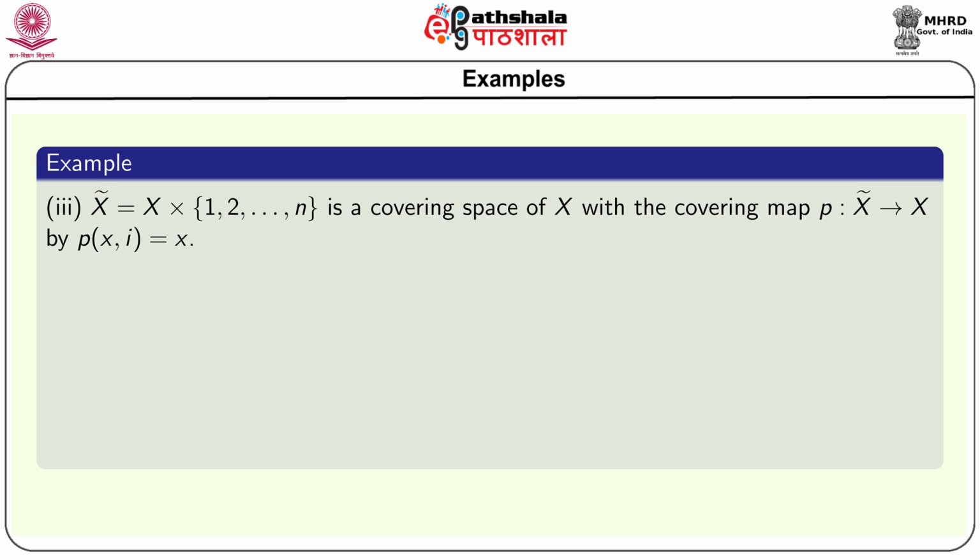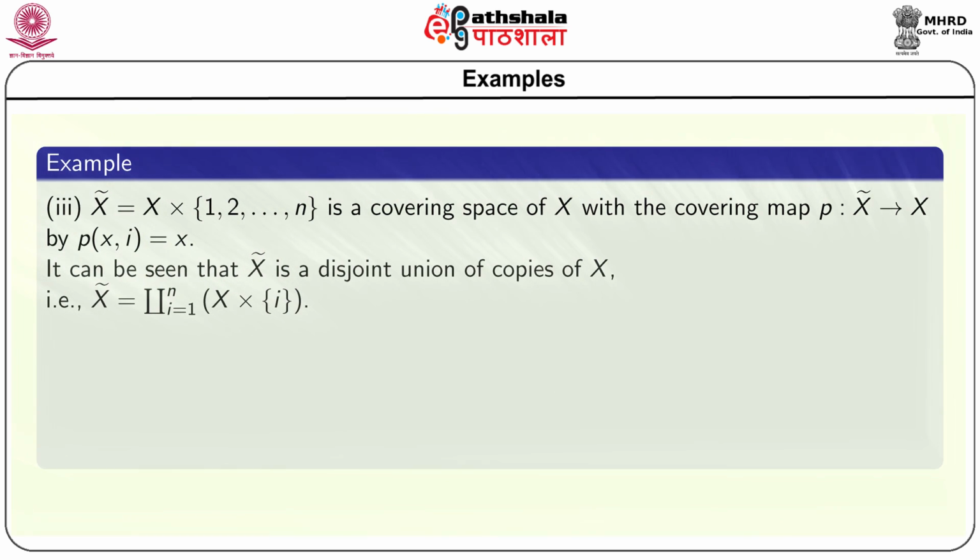Now, if we take X tilde as X times {1 to n}, a finite set, then that can be viewed as a covering space of X, where the covering map P is given by P(x, i) equal to x for each i from 1 to n. It can be seen that X tilde is a disjoint union of copies of X.